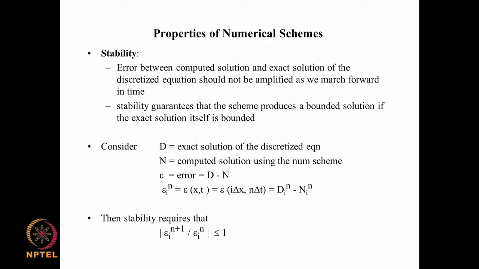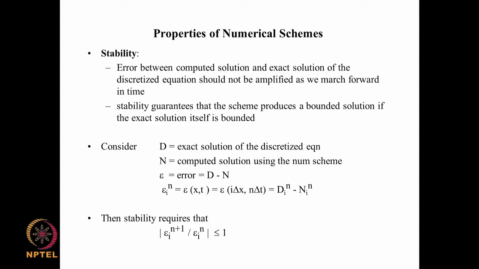So, we do not want this ratio of the error at n plus 1 to the error at n to be greater than 1 in magnitude, because if it is greater than 1 it starts accumulating. And because we tend to take very many steps to reach a particular time location, because we would like delta t to be small so that we can maintain good accuracy, that means that in order to reach a particular time t naught, we have to take lots of steps.